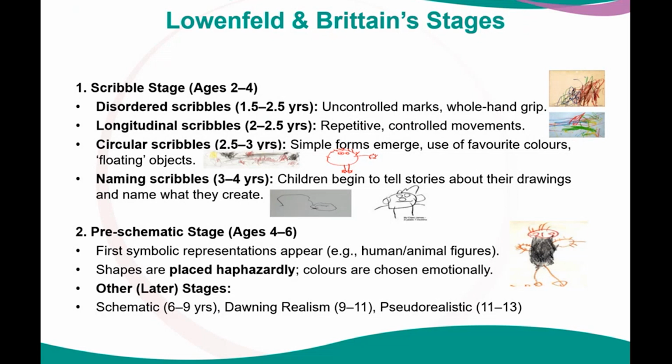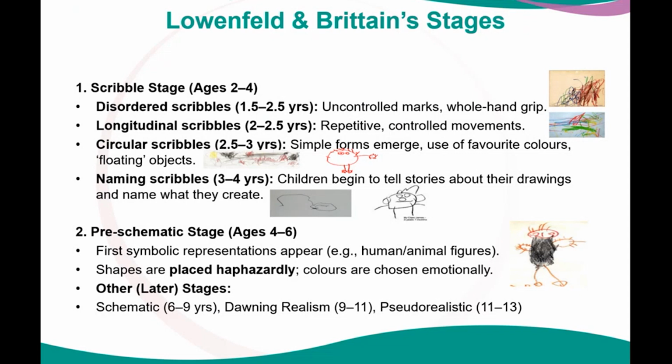For example, they will have a purple dog, or draw simple people with few features. You will notice what is basically a tadpole figure: people are drawn with large heads and tiny bodies with extended arms, and objects float in space. They're not anchored, and the figure is usually 3 heads high.